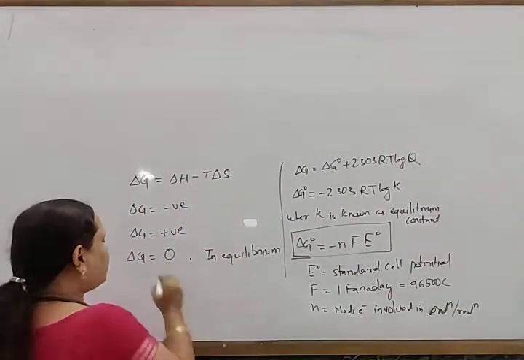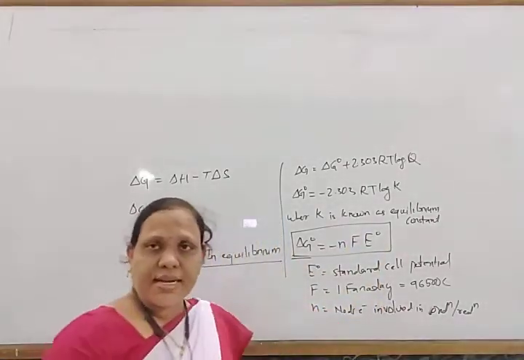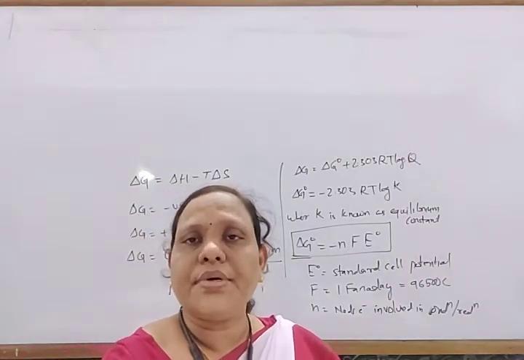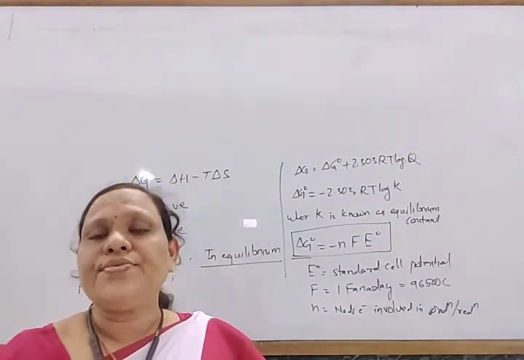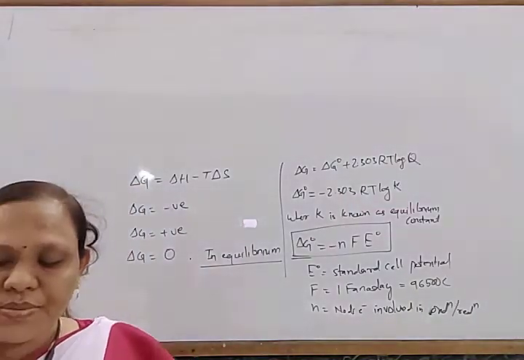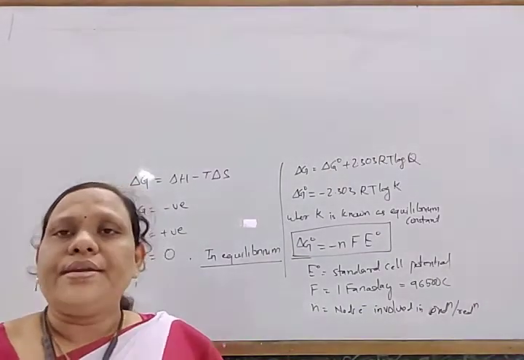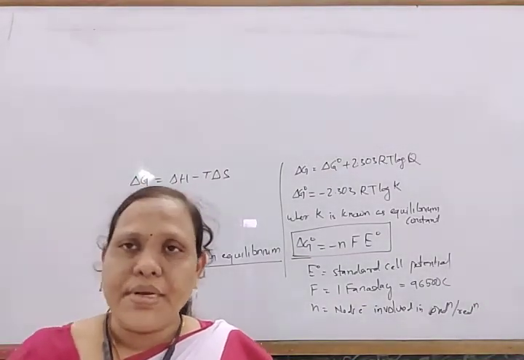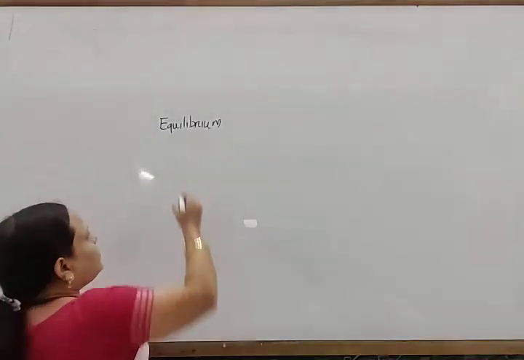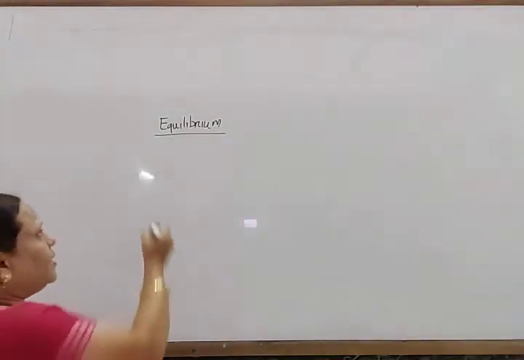Now the question arises, what is this equilibrium and what is this equilibrium constant? So today we are going to start a new chapter related to equilibrium and the equilibrium constant. So let us start a new chapter, that is equilibrium, and this chapter consists of two parts.